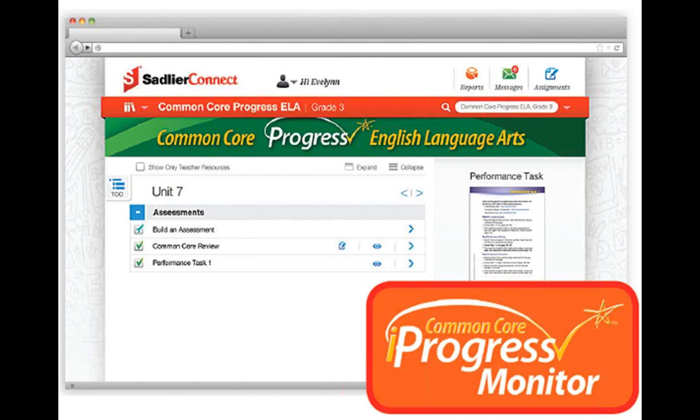We have that online, and we also have customization, the idea that it's capable of customizing practice sheets or tests according to what standards you'd want to assess, or just practice.